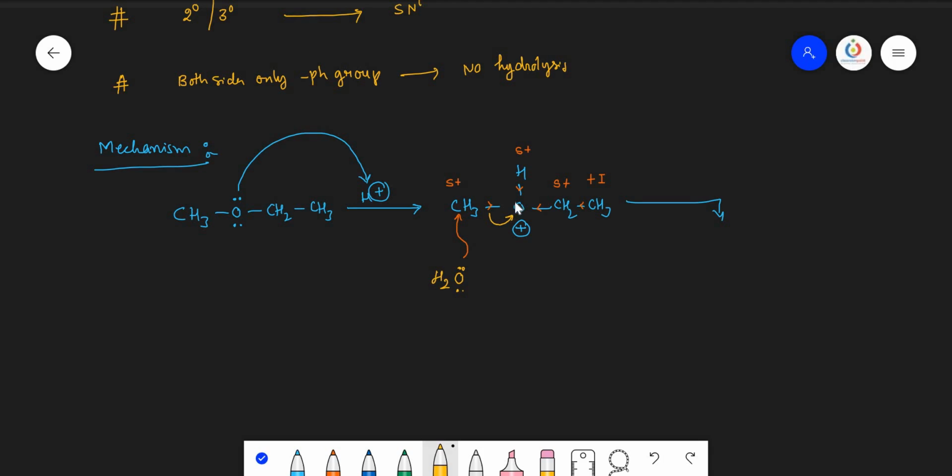Okay, so this step is a bit slow. Hence, in this particular step, the attacking of the nucleophile and the disconnecting of the bond take place simultaneously. So what happens here is we get CH3 connected with the oxygen, hydrogen plus, and the second molecule.